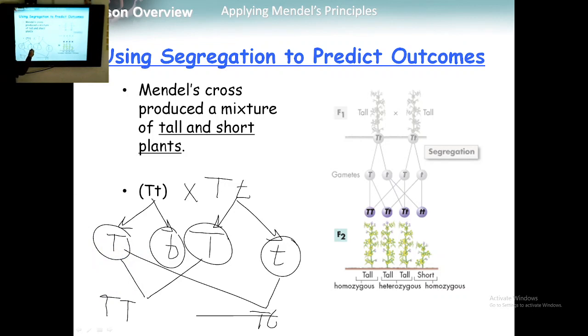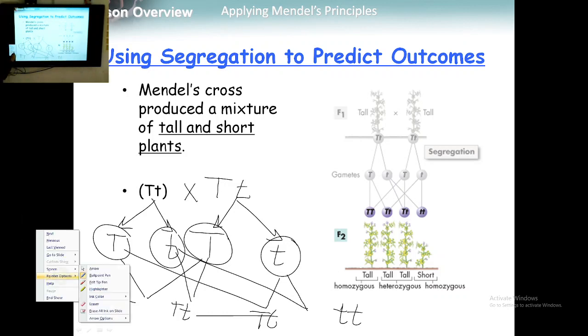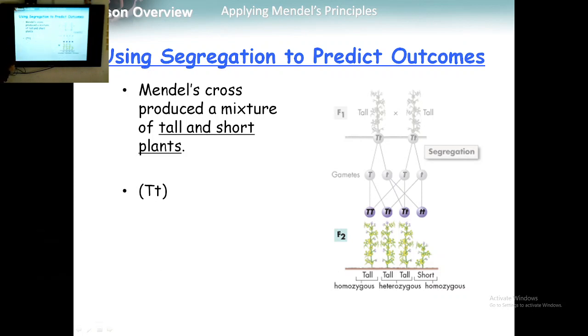Here we will have T capital, T small, and here we will have T small, T small. This is the first way that you will find the F2 generation. Again, you have to make sure that you understand how to find the F2 generation.